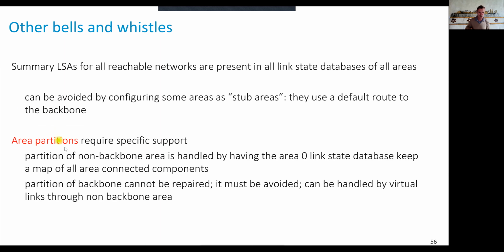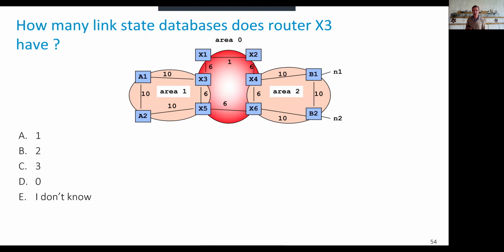For example, if there is a partition of a non-backbone area, for some reason those vertical links, X4, X6, and B1, B2, would be broken, then the principle I showed will not work because the area is partitioned, we cannot flood inside the area, so the complete mechanism breaks.